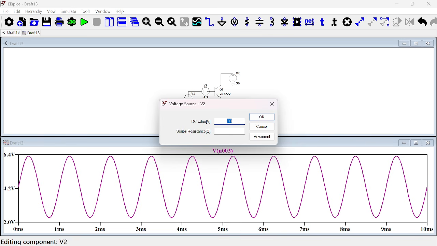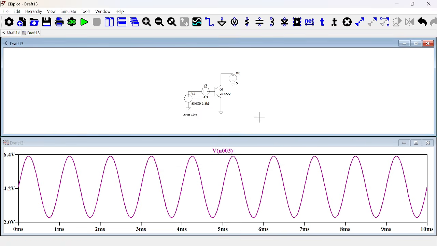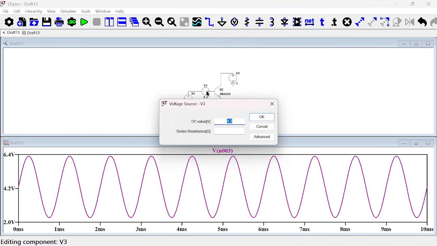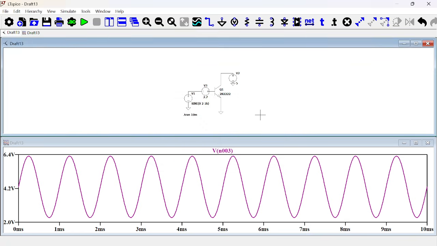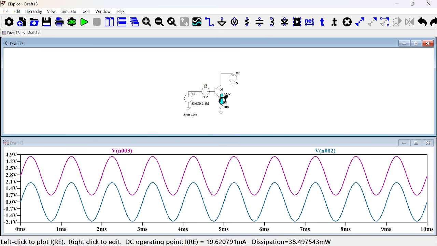So I'm going back to my 5 volts and taking this to 2.7. So we are bringing back our emitter resistor. Okay, then we run and we check our input.